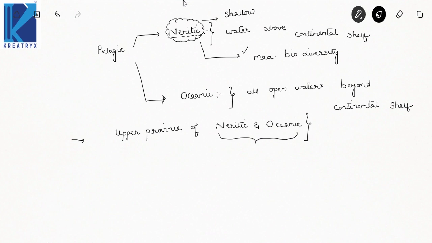The upper province of neritic and oceanic province is called the epipelagic zone, right? Now, in this zone photosynthesis occurs.